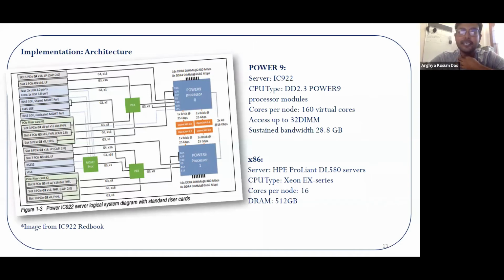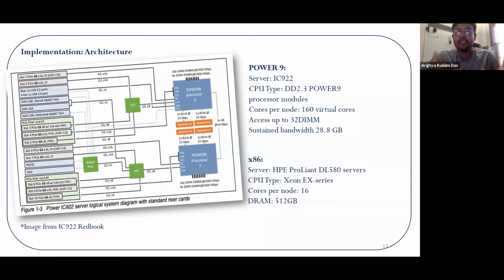We also compared the performance of this IC922 server with respect to an HPE ProLiant DL580 server, which is based on Intel Xeon processors, and it has 16 cores per node. So this actually makes a huge difference.